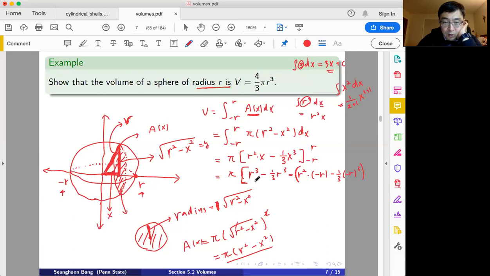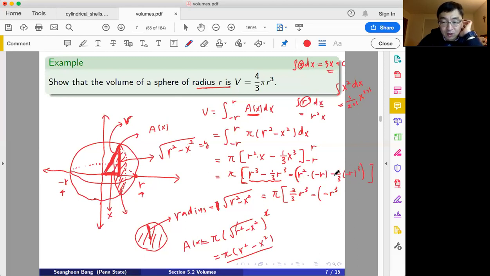You can close this portion. So same to pi. The r cubed minus 1/3 r cubed is 2/3 r cubed. Here, negative was like inside one, negative r cubed. The minus r cubed is negative r cubed.